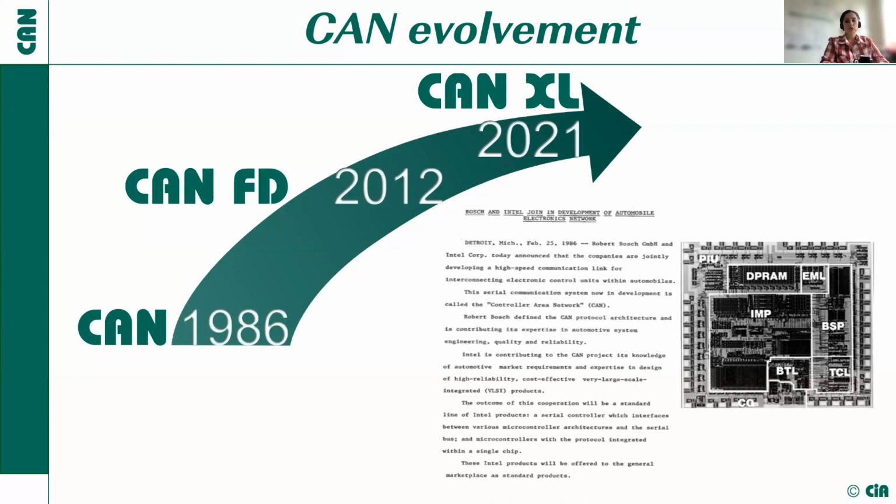And in 2021, the third generation of CAN, CAN extended data field length, or CAN-XL, was specified by the CiA CAN-XL Special Interest Group.